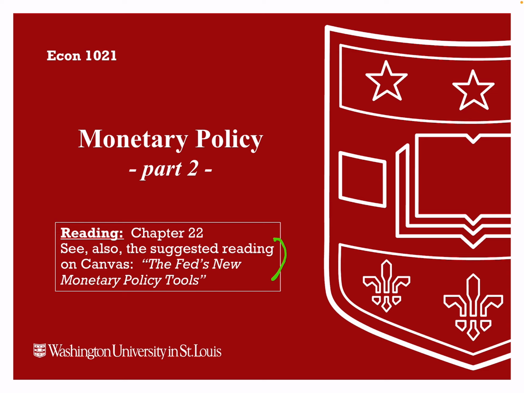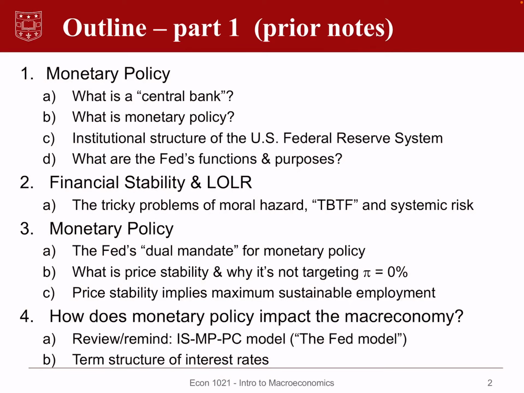So in the prior notes, just by way of setting the stage, we talked about what monetary policy is, some of the institutional structure of the Fed's functions, talked a little bit about being a lender of last resort, and started in, to a fair degree, talking about monetary policy.